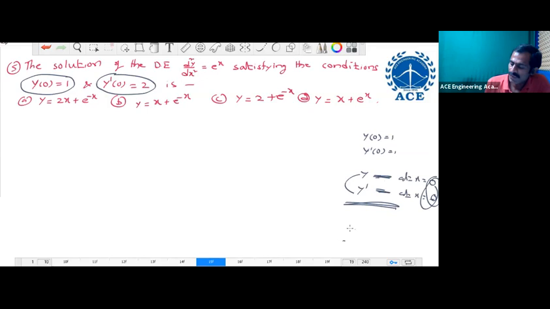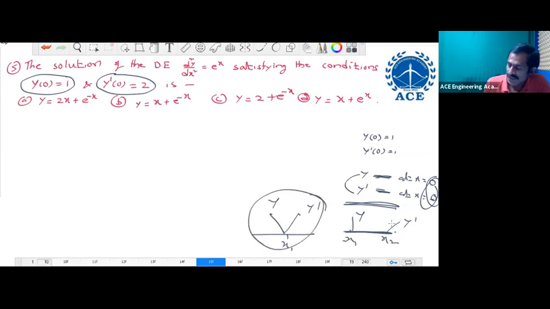Suppose at two different positions, at x1, x2, at x1 y is given, at x2 y dash is given, then these are boundary conditions, at different positions.